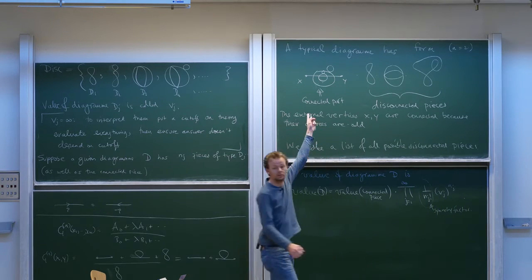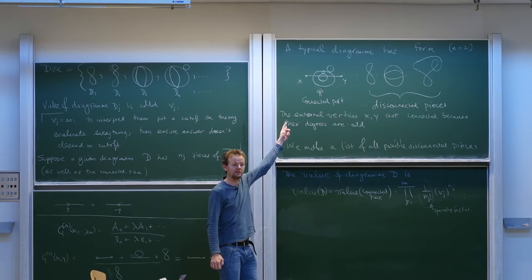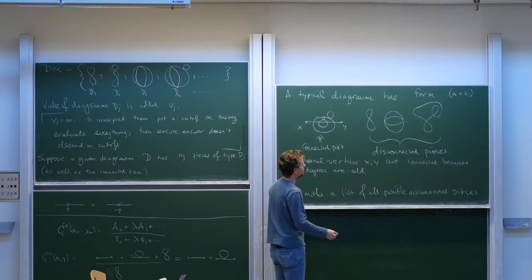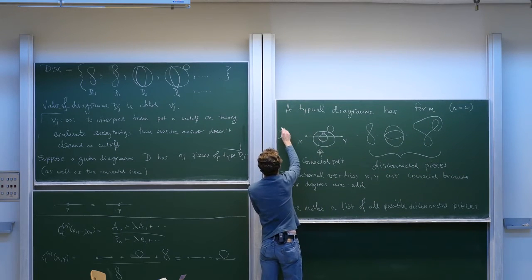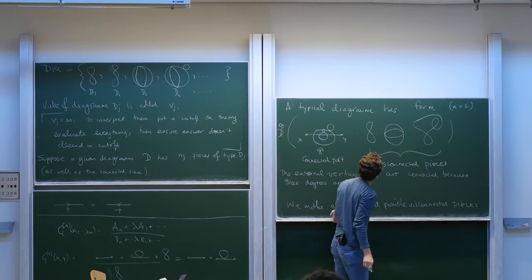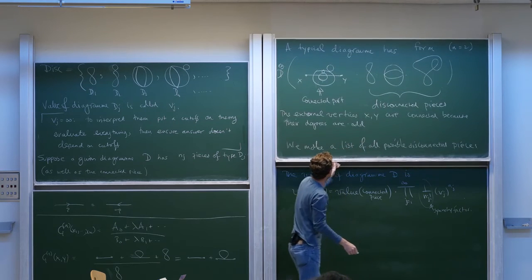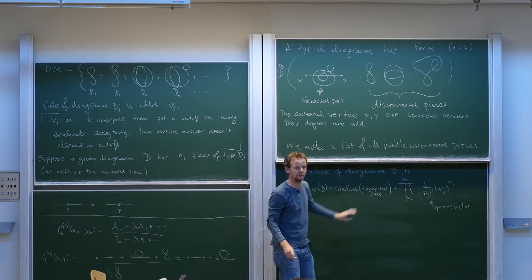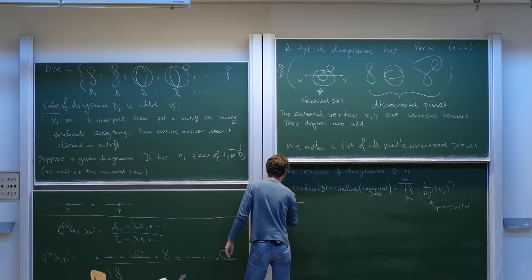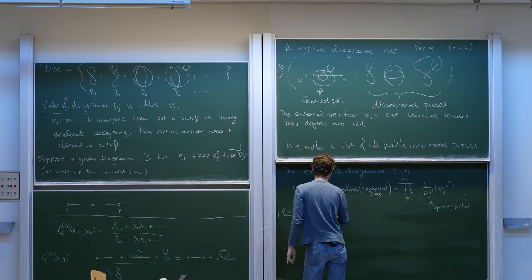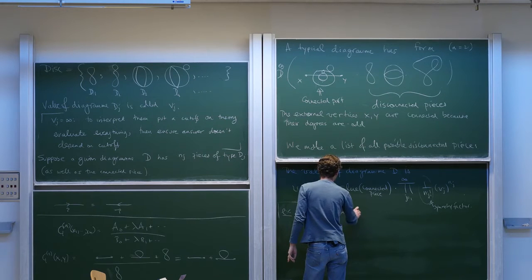We're going to do it for this diagram up here, just to double check that this formula makes sense. I'll move the board in a second. This is diagram D, an example diagram D. Let's work out its value according to what we think it should be and according to this formula here. The value of that diagram D is the value of the connected part, according to the Feynman rules.